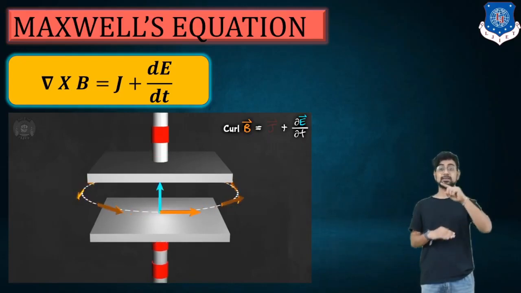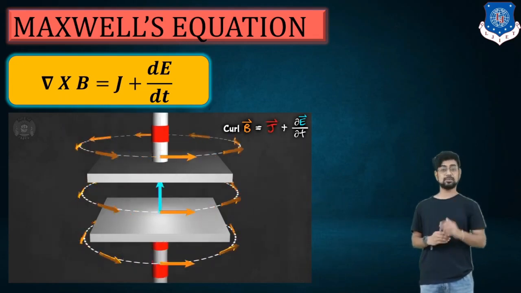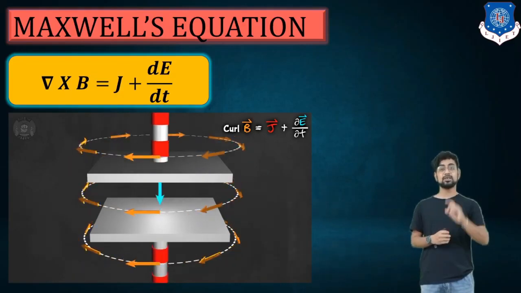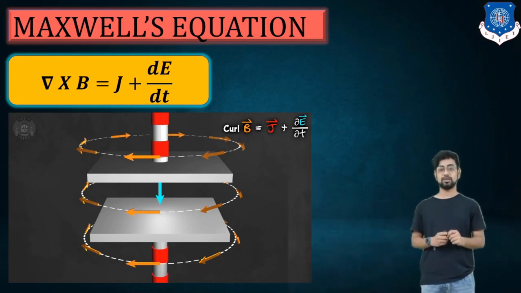As it is alternating, the magnetic field would also be alternating, changing with respect to the current flowing. As AC is there, the alternating magnetic field would also be there throughout the plates. So these were Maxwell's two equations that we will utilize in our derivation.